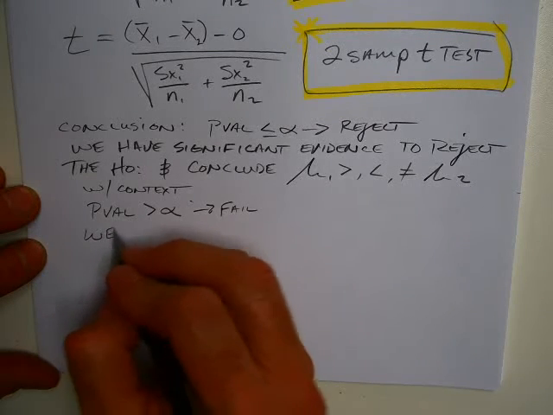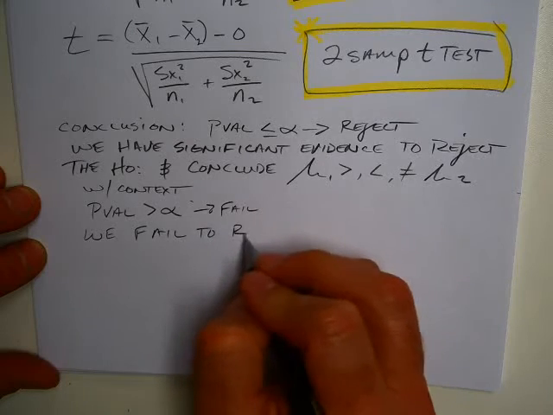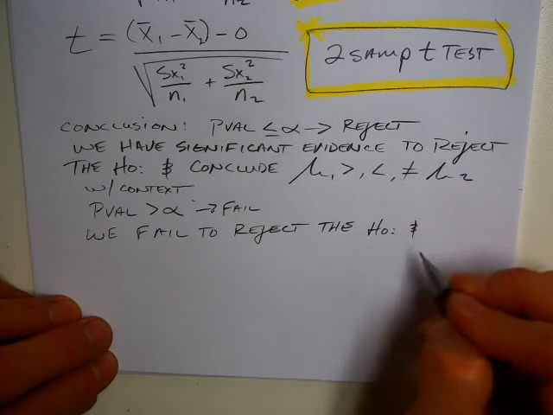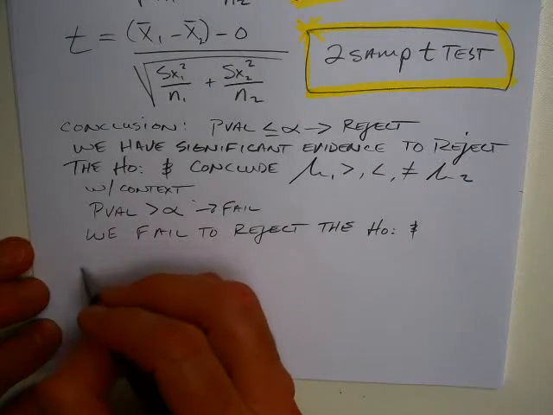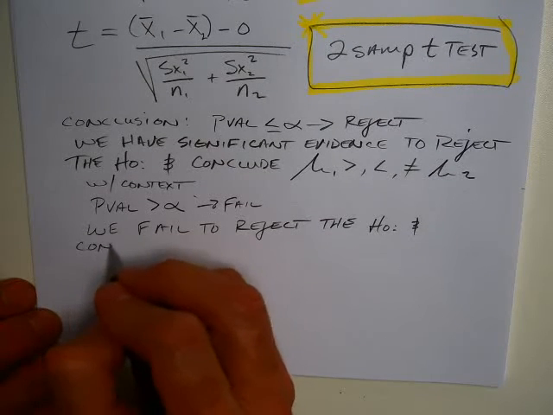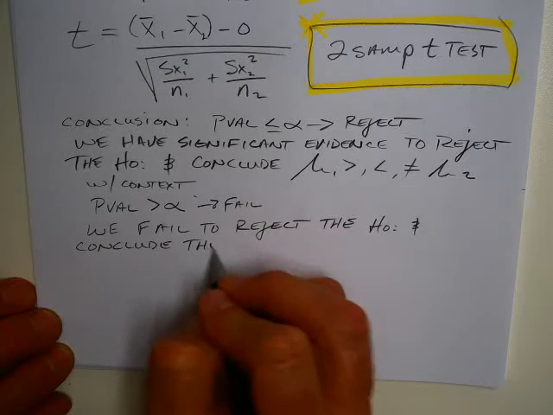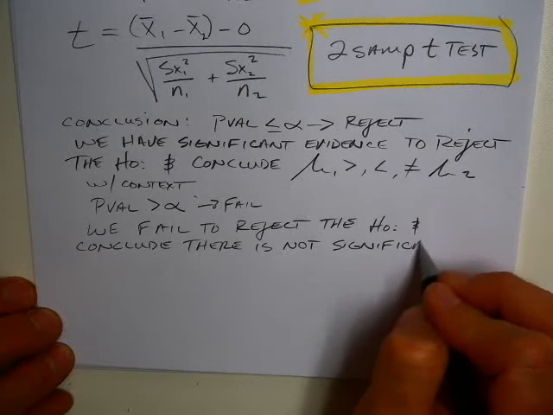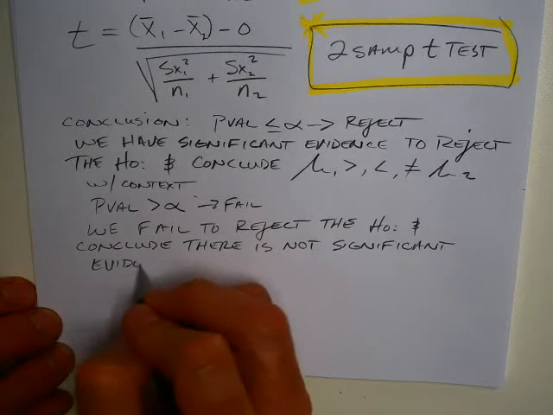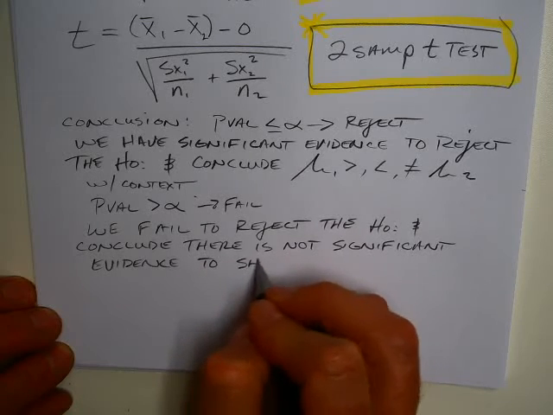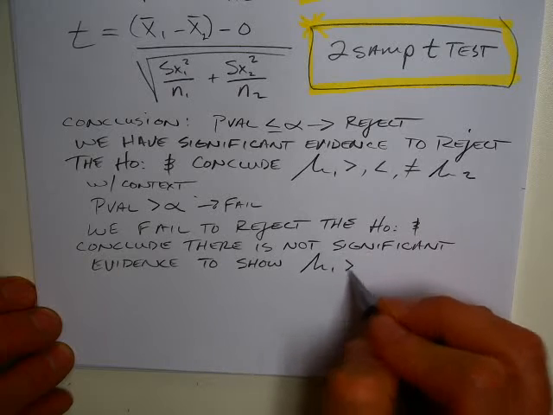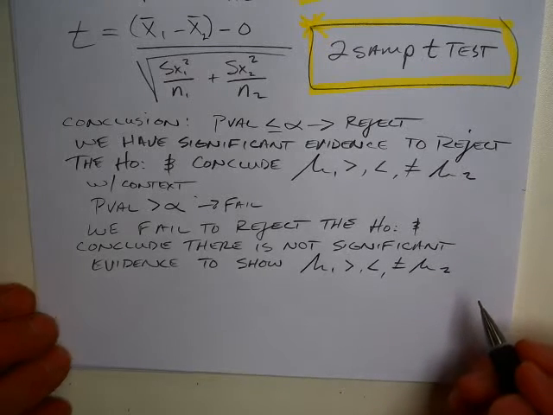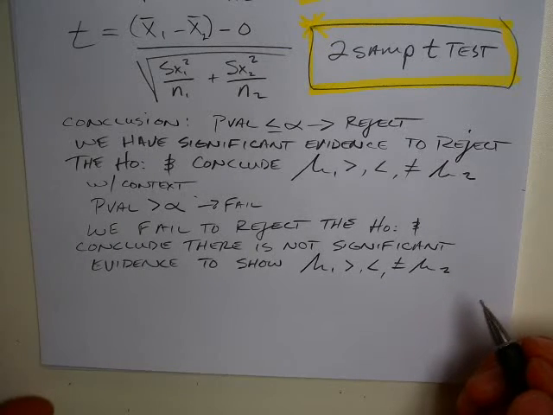So we say we fail to reject and conclude there is not significant evidence to show mu sub 1 is greater than, less than, not equal to, whatever the problem is, mu sub 2. With context.